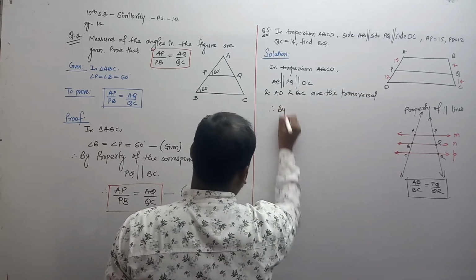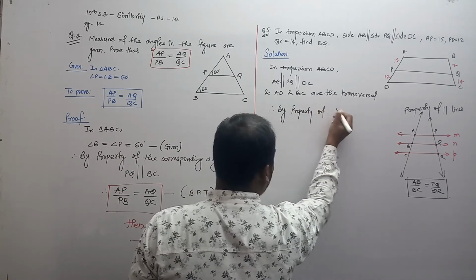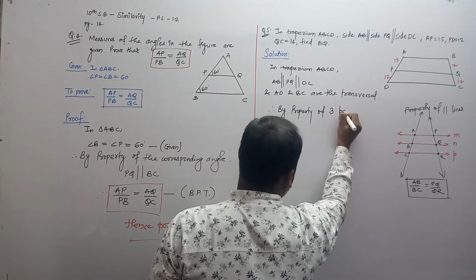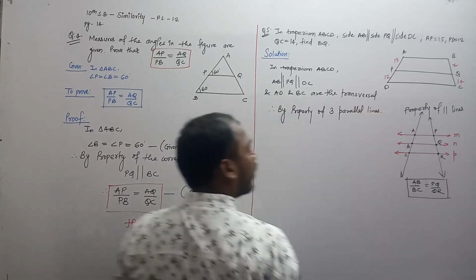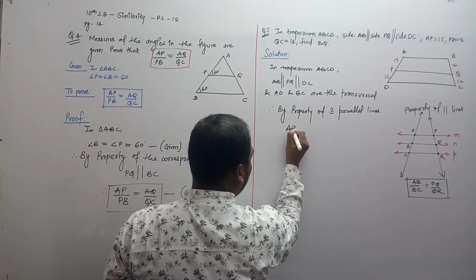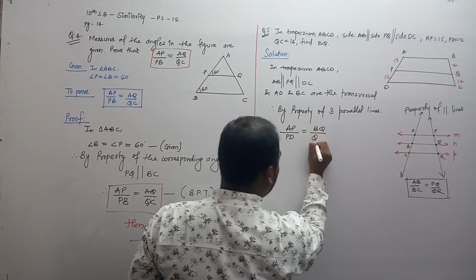Therefore, by the property of three parallel lines, we can say that AP divided by PD is equal to BQ divided by QC.